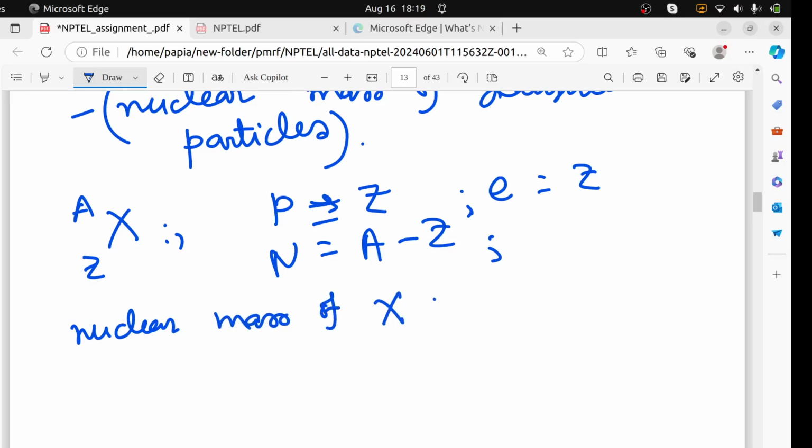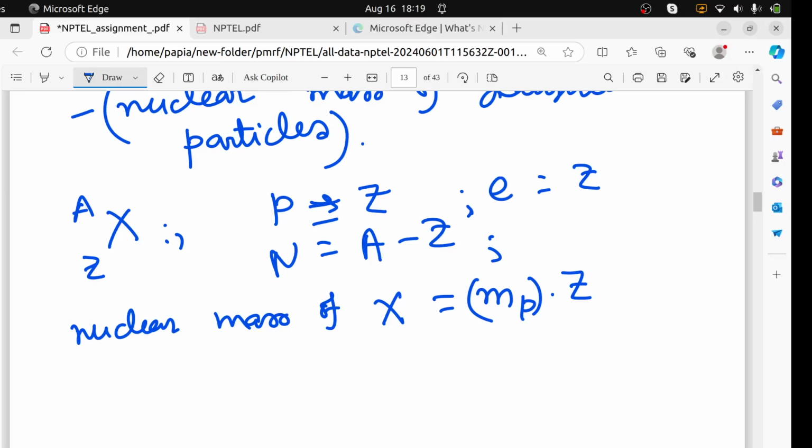Okay. So now, what does the nuclear mass of X mean? It means M of P into Z. Let's say I have Z protons, and each proton has mass MP. So each proton has mass MP, and I have Z protons, so the total mass of the protons is Z into MP.